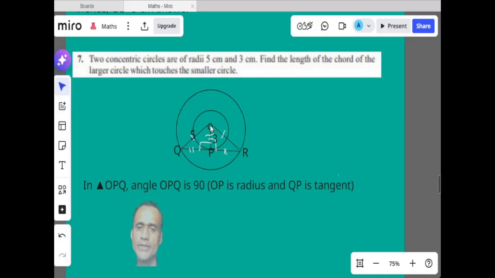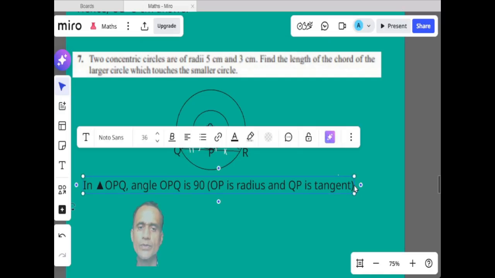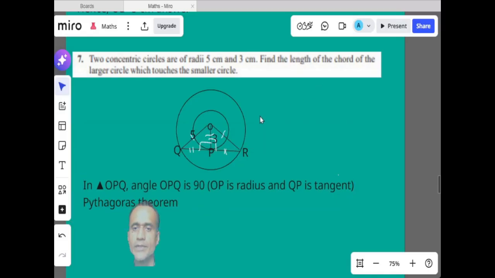Because of the theorem that the line drawn from the center of the circle to the point of contact of the tangent is perpendicular. So in a right angle triangle, what will we do? We'll apply Pythagoras theorem to find out the side. Which side? The side QP.